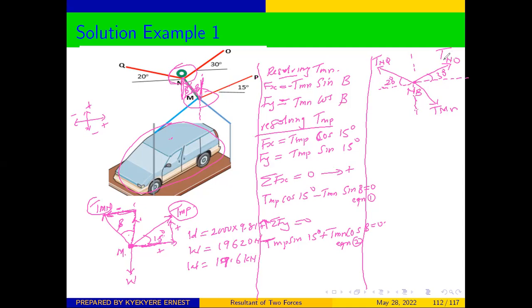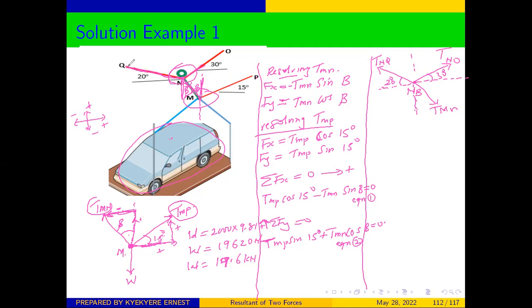We can pick TNO first. But now you realize that from this diagram, this cable is running from point Q all the way to point O. It's a straight cable.